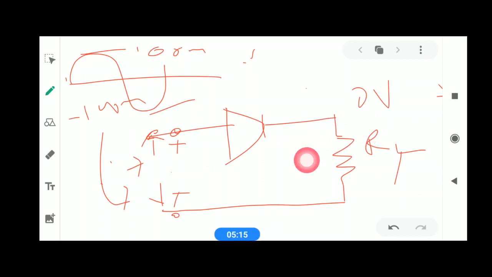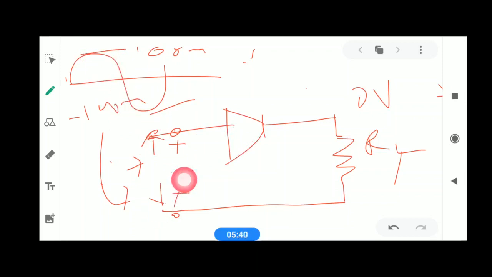It will not rectify the small signal, which is in millivolt, from 100 milli to minus 100 milli. To make the diode forward bias we need at least 0.7 volt here.